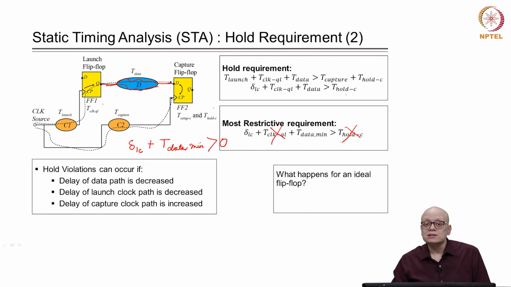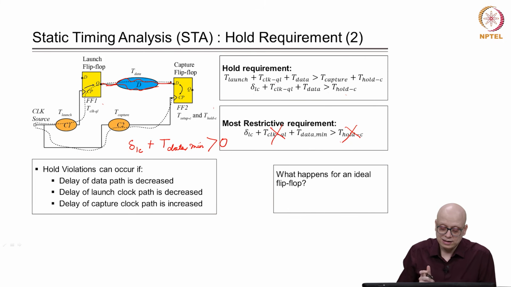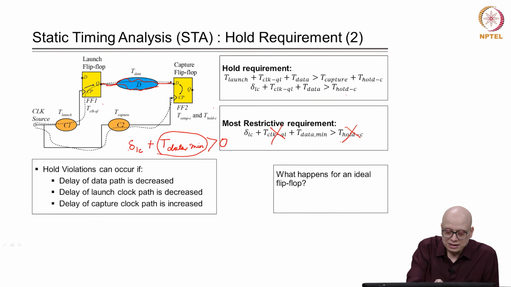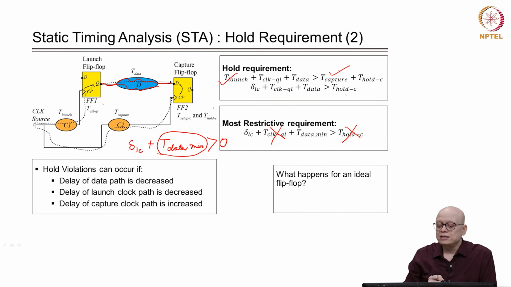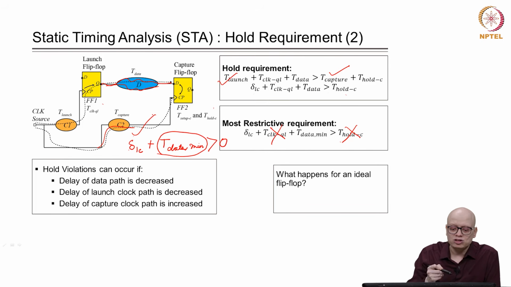Now, when is this constraint likely to get violated? Typically, T data min cannot be negative. But delta LC, that is the skew, can be negative, because it is the difference of T capture and T launch. If the clock signal encounters more delay on the capture path than on the launch path, then this quantity can become negative.